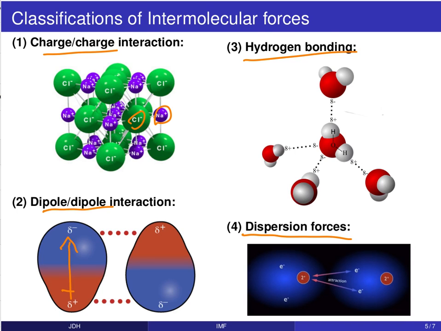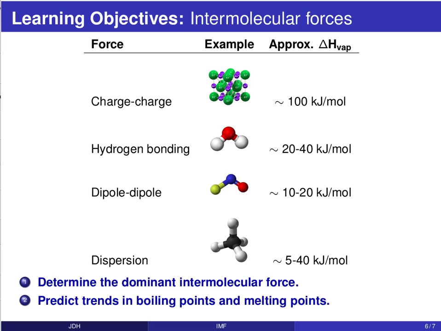Okay, and so basically what we're going to be doing in terms of learning objectives for this section of content here is, we want to be able to identify the key characteristics of these four main classifications of intermolecular forces. We're also going to want to be able to rank them in terms of relative energies, which I have written here in order of increasing energy, if you want to go from bottom to top.